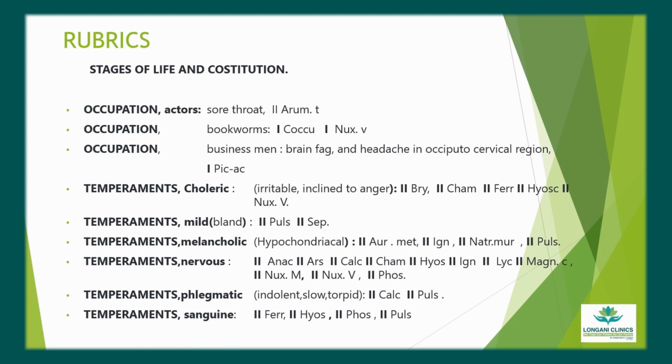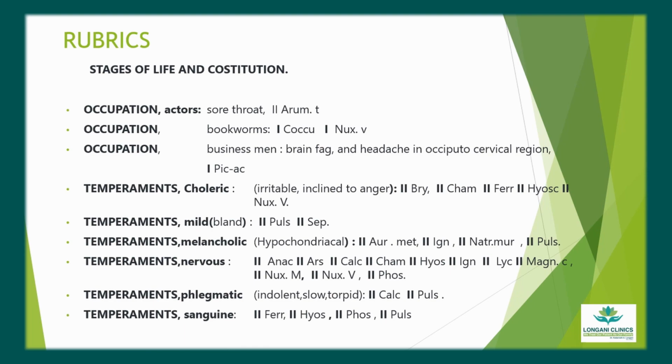Temperament, mild, blunt, pulsatilla, sepia. Temperament, melancholic, hypochondriacal. Aurum mur, ignatia, natrum mur, pulsatilla. Temperament, nervous. The drugs mentioned are anacardium, arsenic, calcarea, chamomilla, hyoscyamus, ignatia, lycopodium, mag carb, nux moschata, nux vomica, phosphorus.